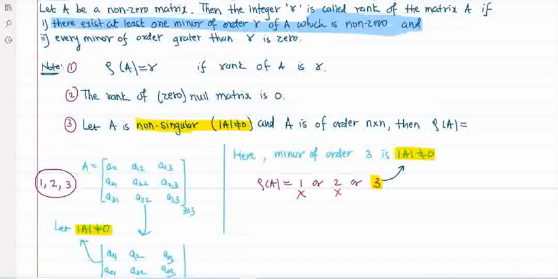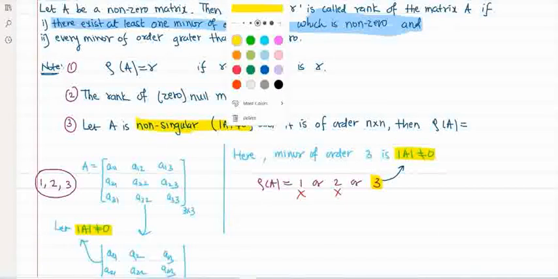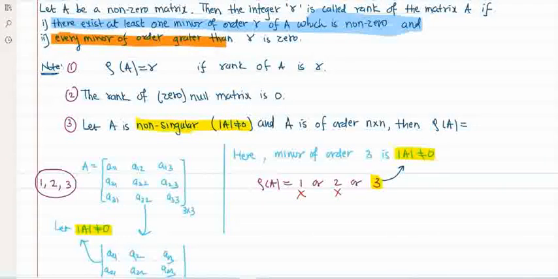Now the second condition says that every minor of order greater than R is 0. But here there is no minor of order greater than R, so it does not exist. Whichever is not available, we can assume that the minor of order greater than R which is not present is 0.